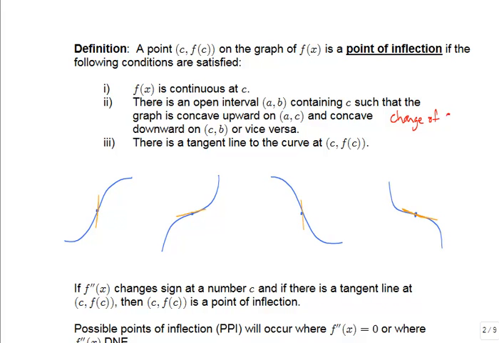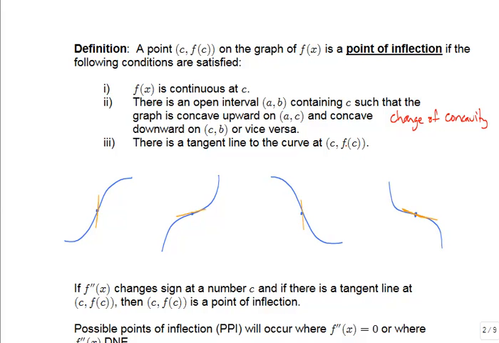So you have to have a change of concavity. And then the third requirement is that you have to have a tangent line to the curve at (c, f of c). So this does not allow for the possibility of having a derivative that is DNE. It has to be something where the derivative actually exists.